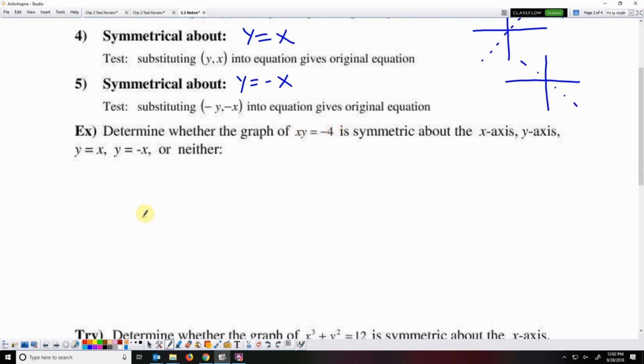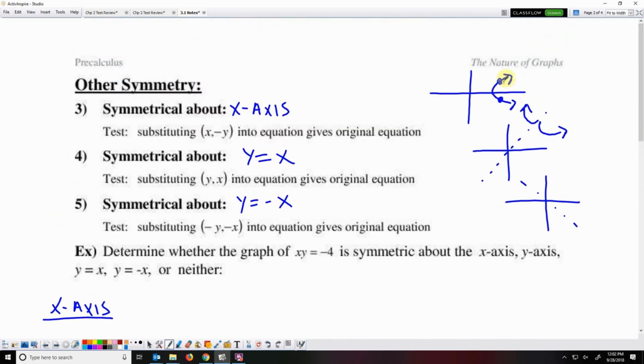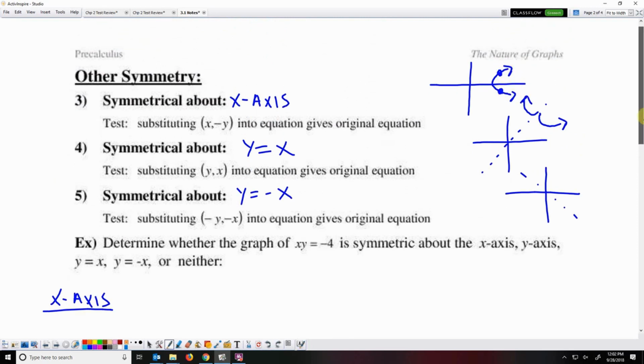xy equals -4. Okay, so I want to determine, is it symmetric about the x-axis? If it is symmetric about the x-axis, then that's going to look like this. Every y value, its opposite will also exist.